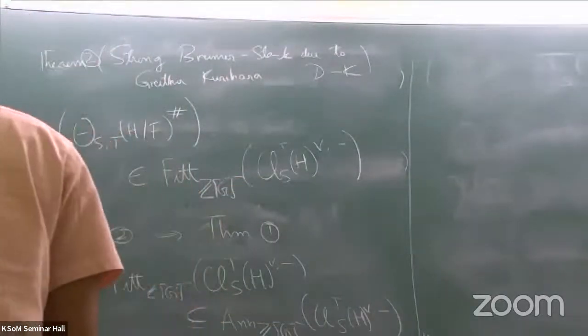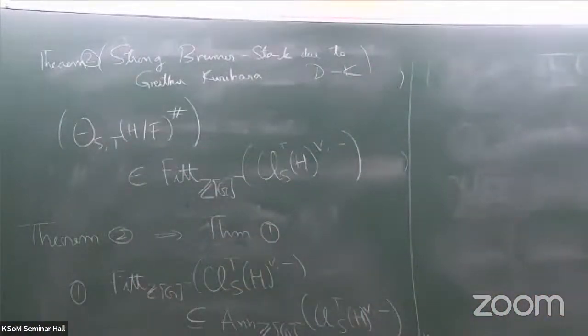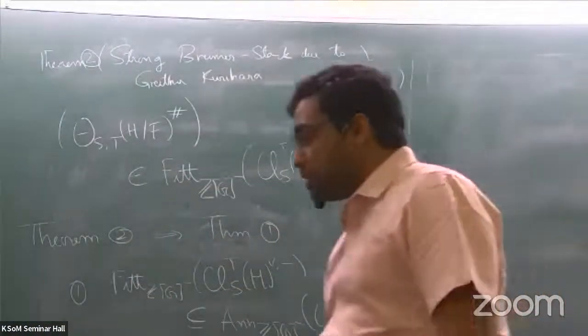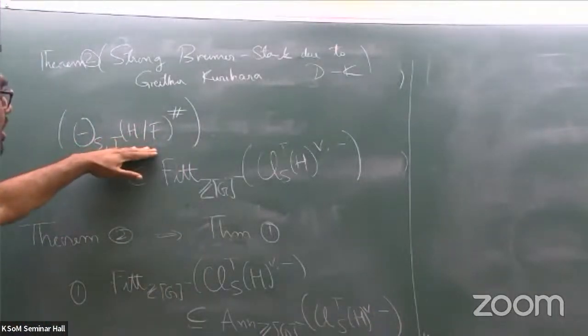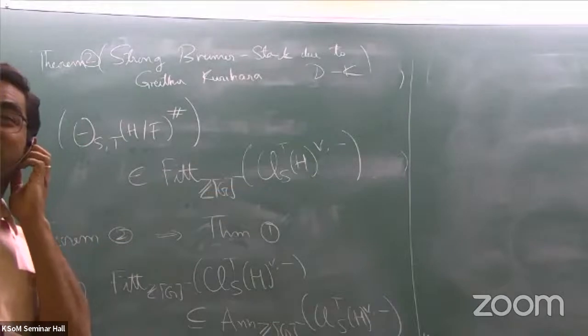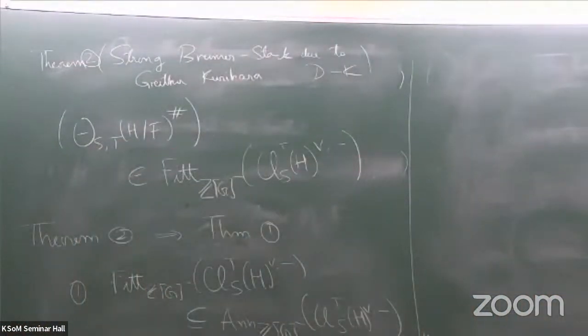One could hope for that, but unfortunately that's also rarely true. So it's not true in general that the ideal generated by theta is equal to the Fitting ideal. So again, it's kind of a non-starter for our proof. So we need a further refinement. And I'm going to be very brief about that.